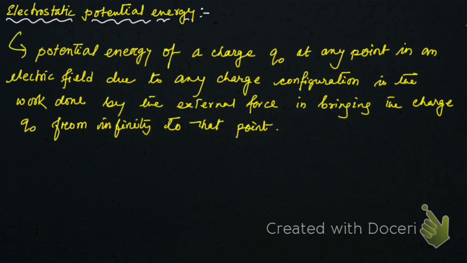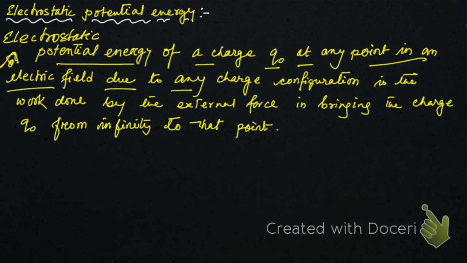The electrostatic potential energy of a charge q naught at any point in an electric field due to any charge configuration is the work done by the external force in bringing the charge q naught from infinity to that point.